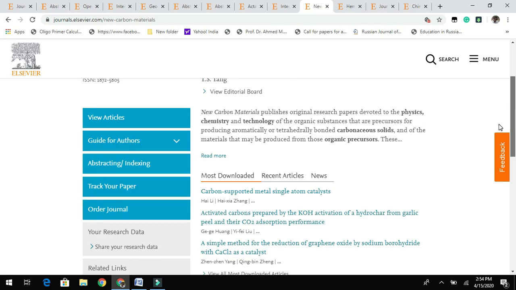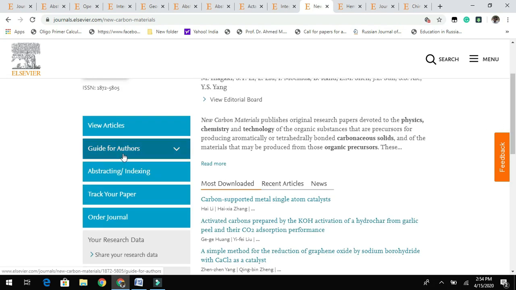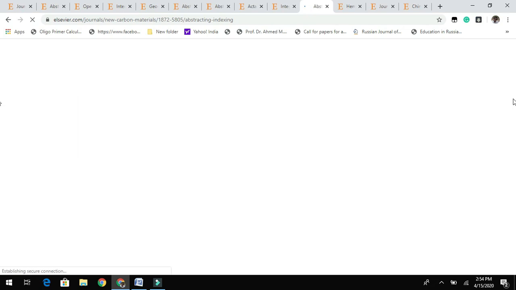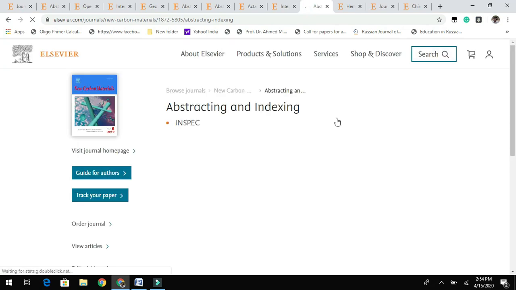It is an open access journal with fee sponsored by the Chinese Association of Coal Chemistry, and let us see the indexing pattern. So it is yet to get Scopus or Sci indexed.